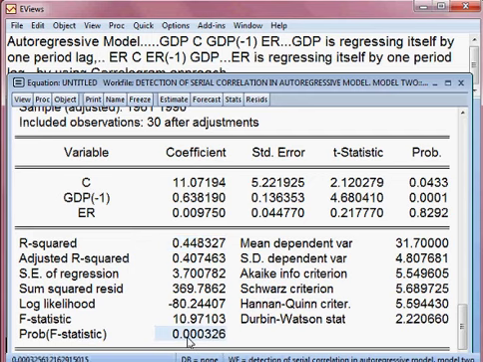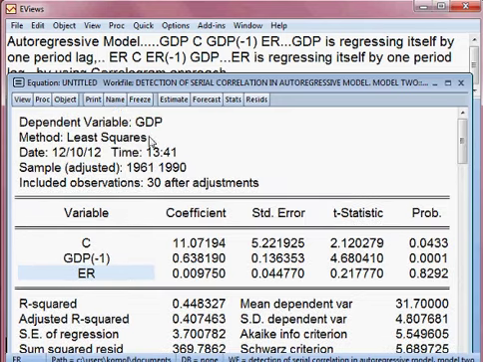the F statistic is significant, then we can say GDP lag 1 and ER, these two variables jointly can explain GDP.